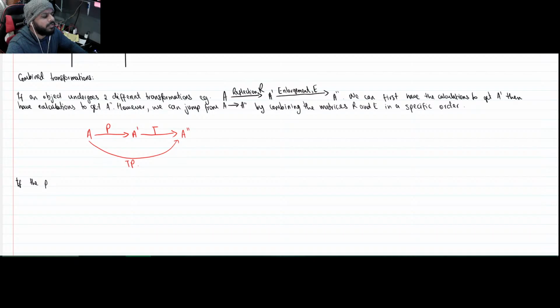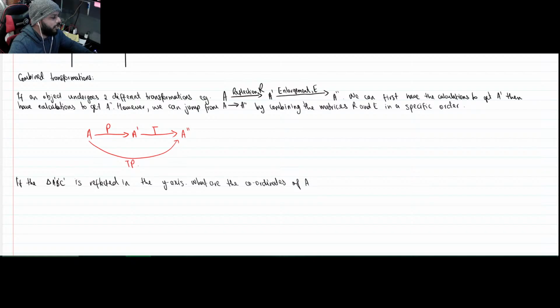If the triangle ABC, well, it will be A prime, B prime, C prime, is reflected in the y-axis, what are the coordinates of A double prime, B double prime, C double prime?